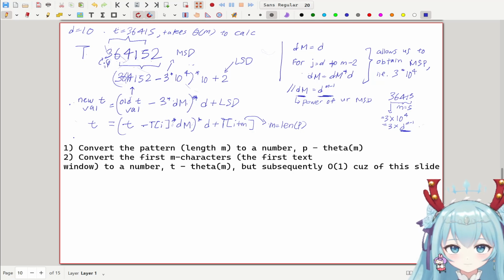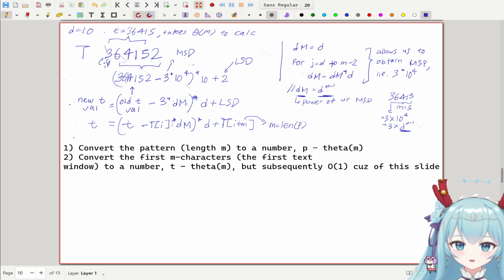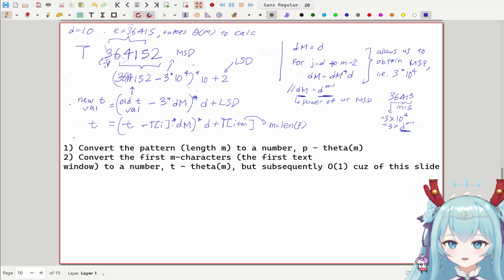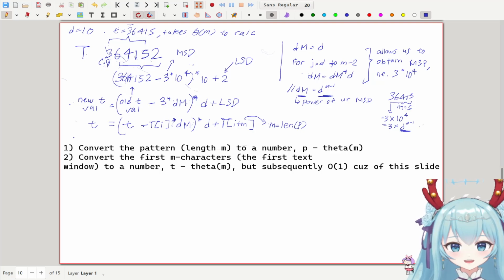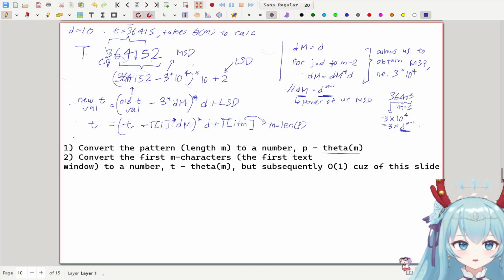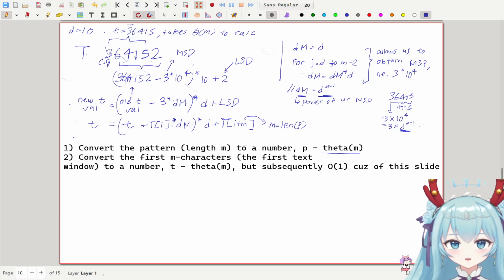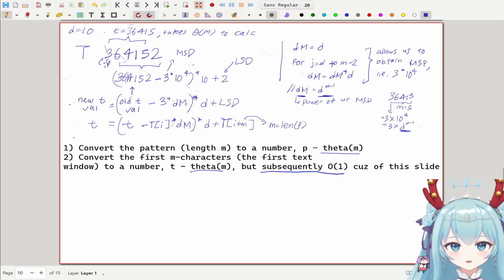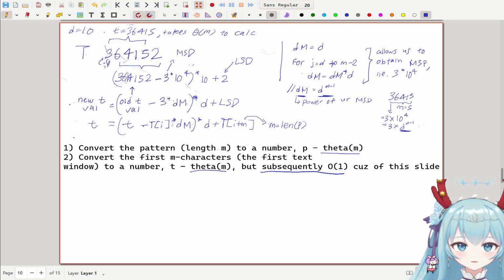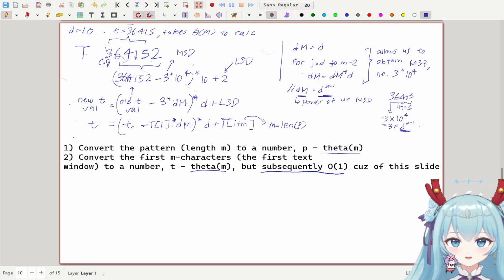Just give me a sec. Oh yeah, I found my pencil, sorry about that. So it converts in theta of m, and subsequently for small t, for the first window it will take theta of m, but for the later windows it will just take constant time, O of 1, because of this line.